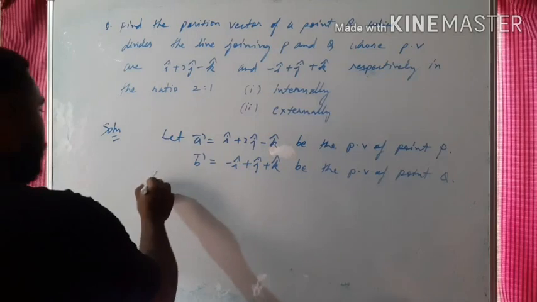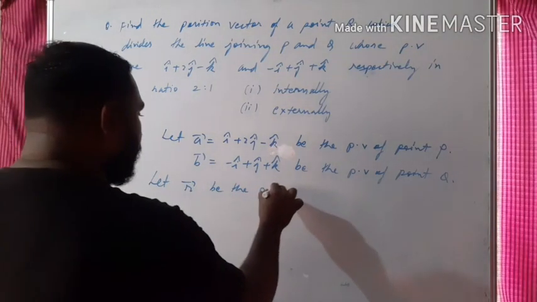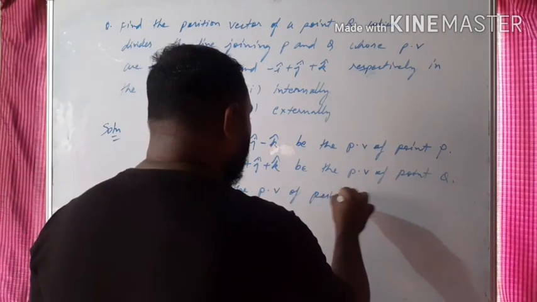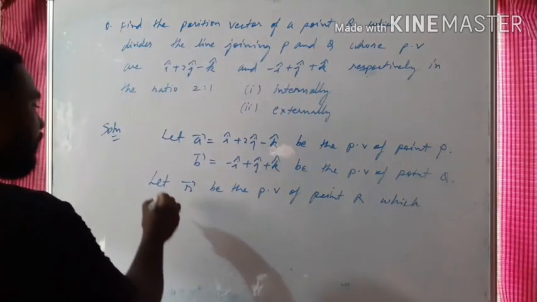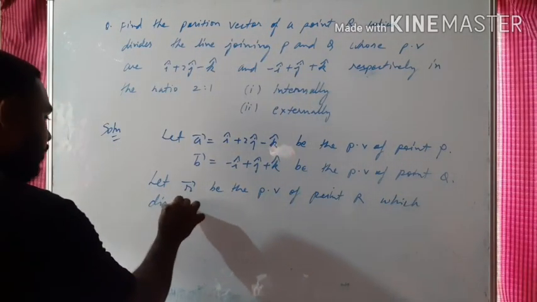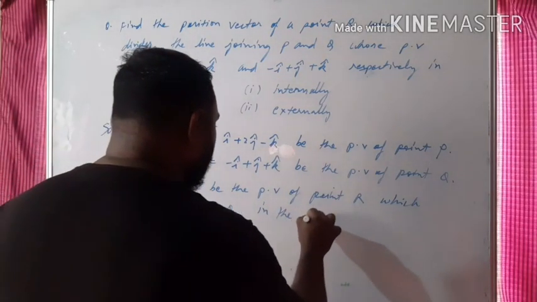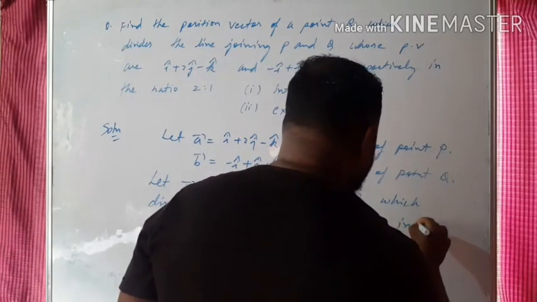So let R bar be the position vector of point R which divides PQ in the ratio 2:1 internally.